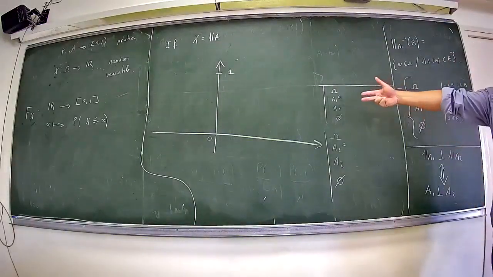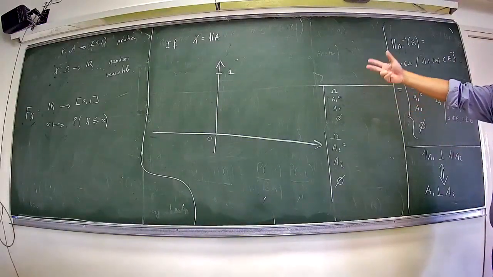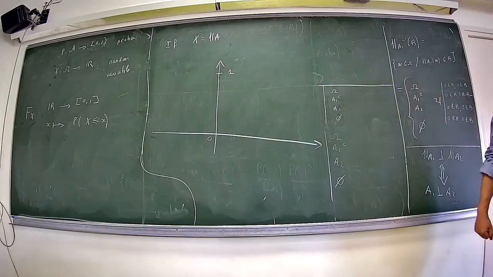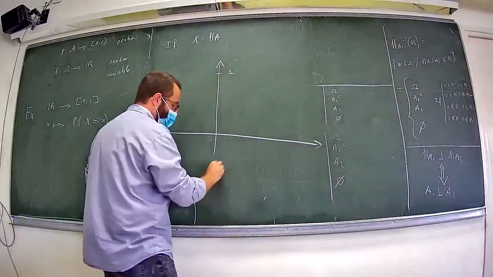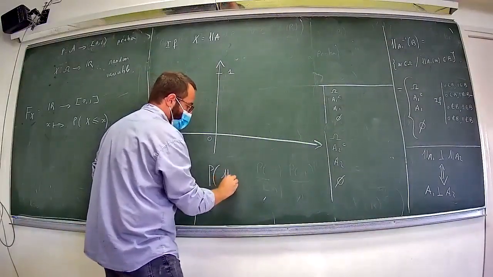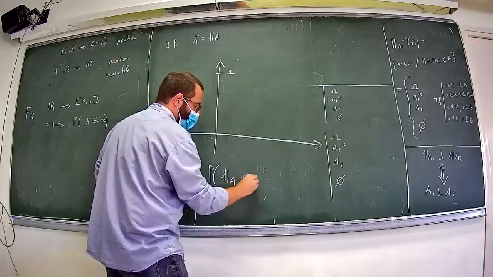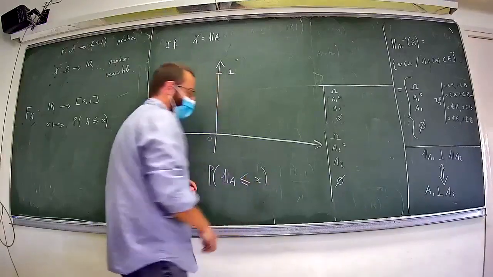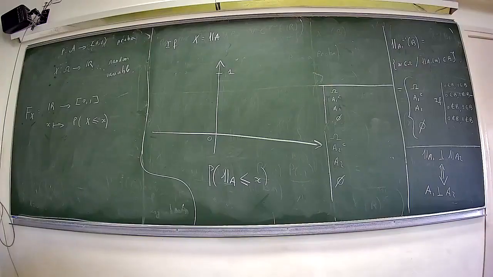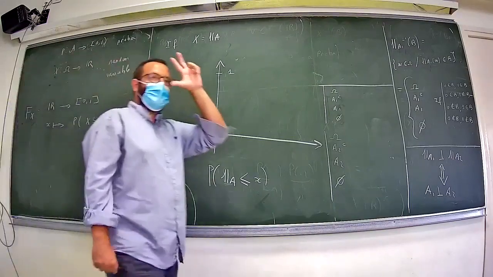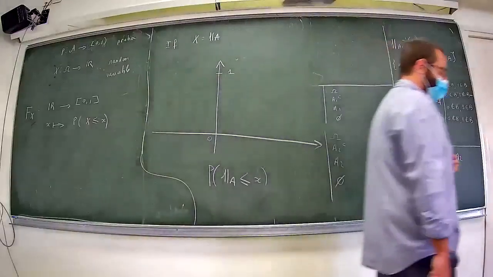I want to draw the graph of the distribution function related to my indicator function. So I am interested in the probability that the indicator function is less than small x, and I want to compute this for any small x. In fact, I have only 3 situations.